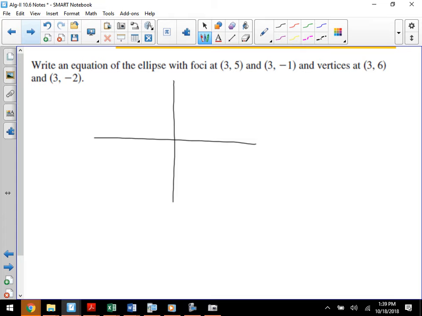So let's see here. Foci at (3, 5). Okay, I can count this. One right there. And then at (3, -1).